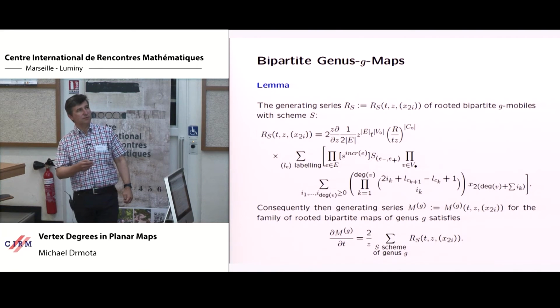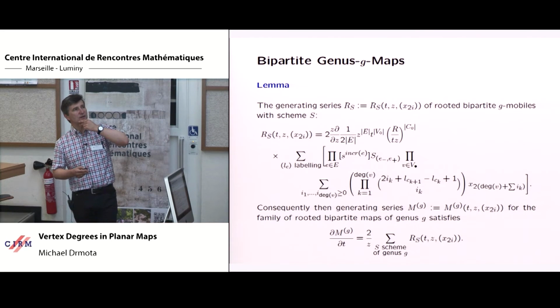This is more or less explicit in terms of the G-mobiles. And of course you have a sum over all possible schemes. For every scheme you have a generating function, and here you have some function S. So this looks very innocent, but this is a very important part.